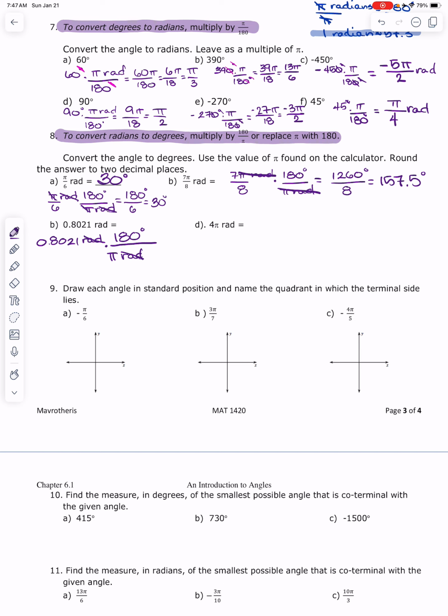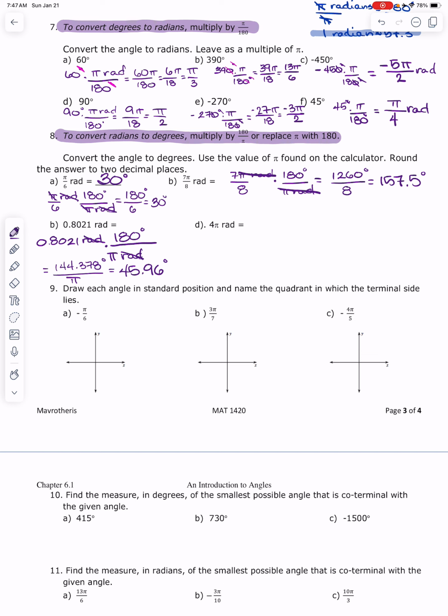That's how we have that equivalence. I can multiply. I get 144.378 degrees over pi. When I plug that into the calculator, I am going to hit the pi button and not use 3.14. When I divide that, we get 45.96 degrees.